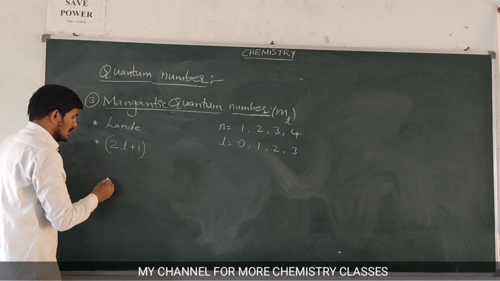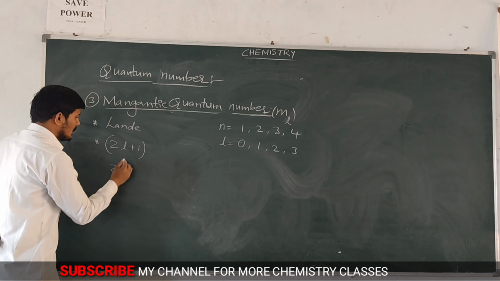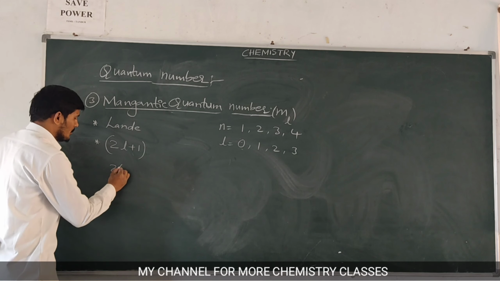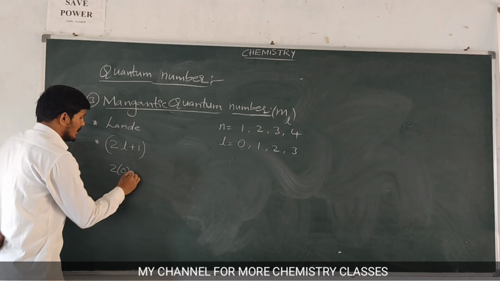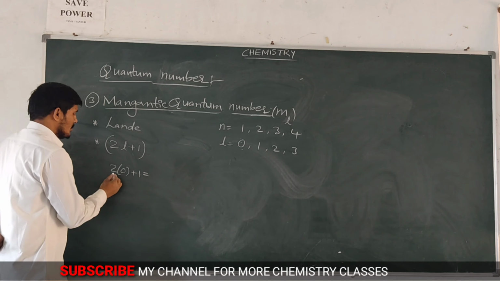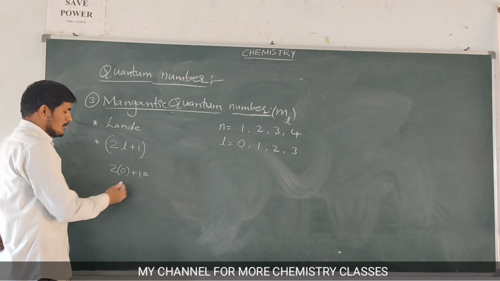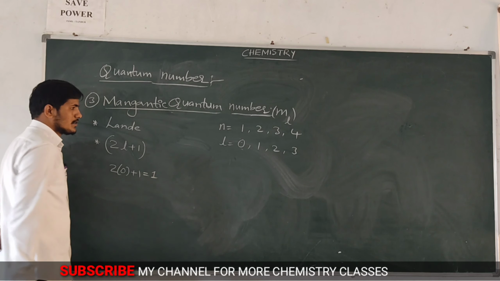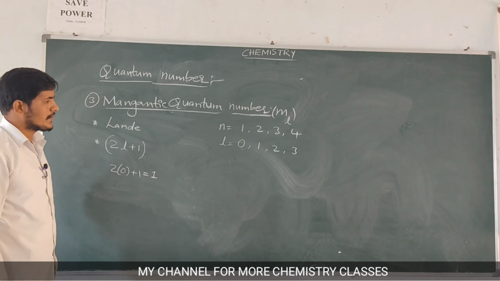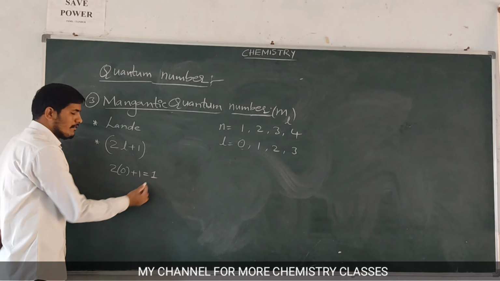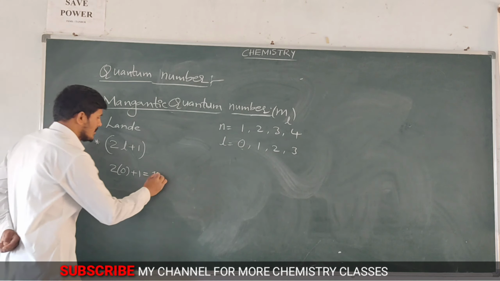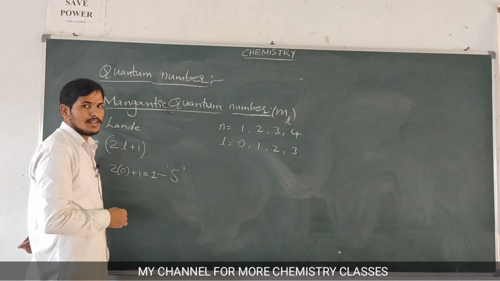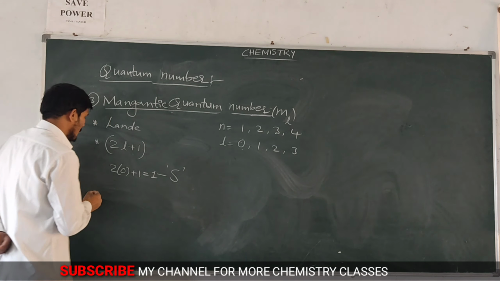For L equal to 0: 2 into 0 plus 1 is 1. That means the first shell, the K shell, has only one subshell, called the S subshell or S orbital.